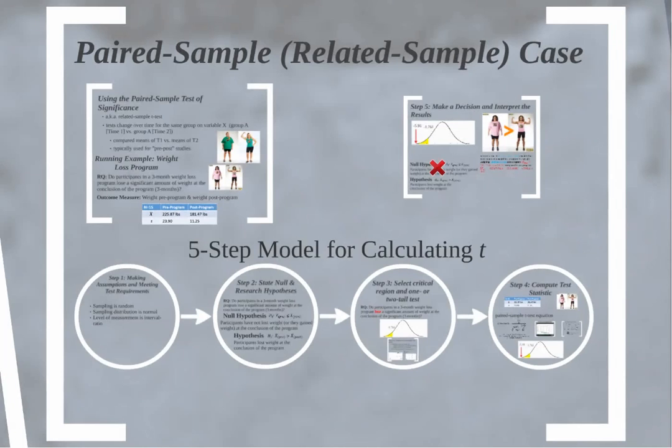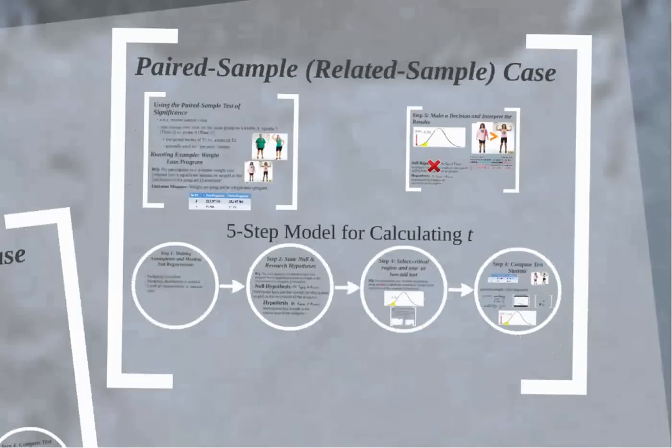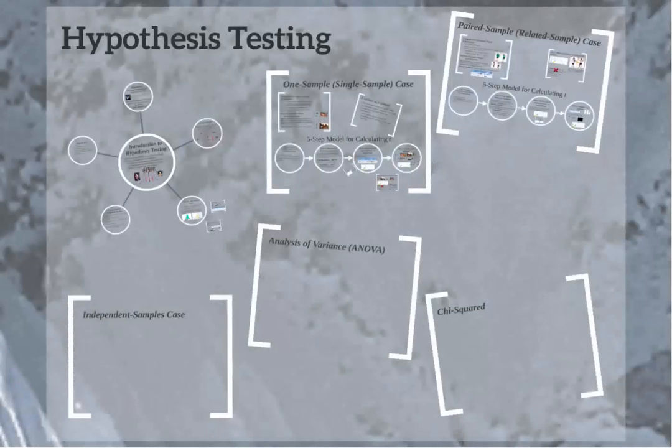It pairs people by their pre-score and their post-score. We typically use this for things like weight loss programs, where we're measuring things over time or at a pre and a post period, specifically to look at the change over time.